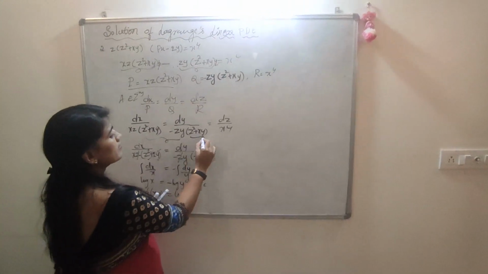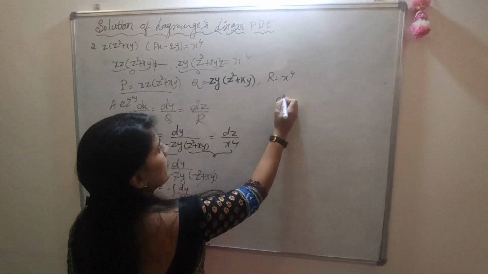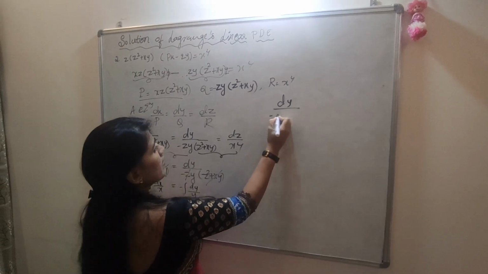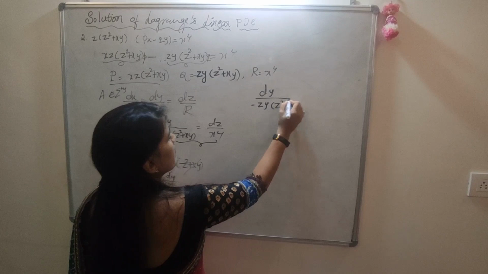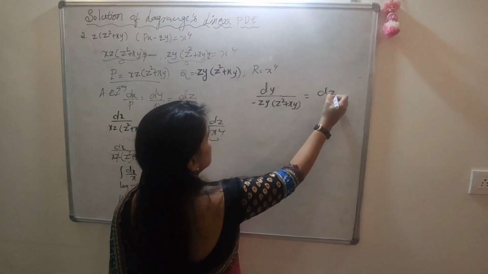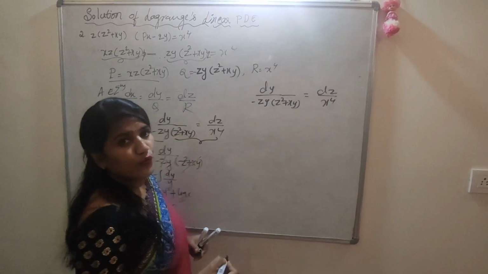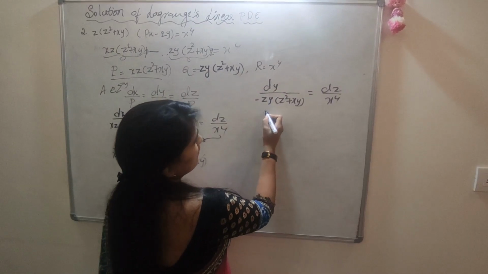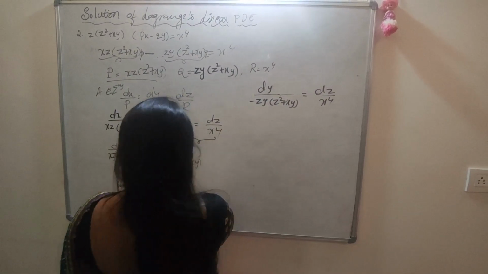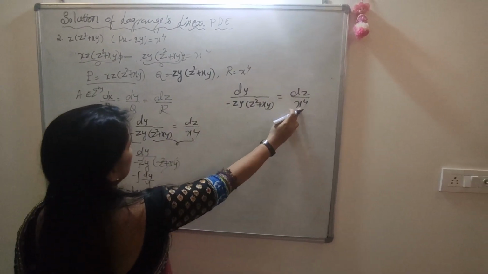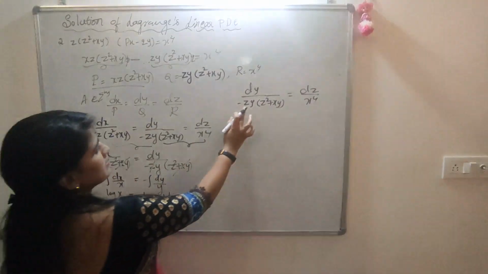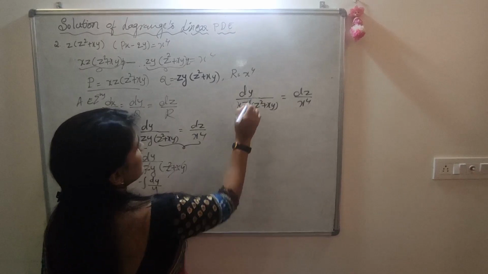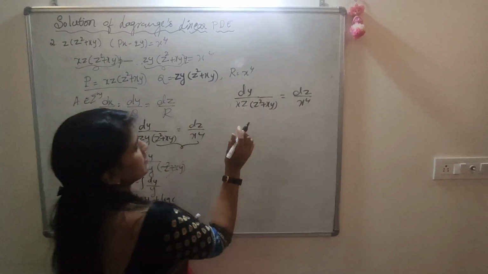Next, I will compare these two. That is dy divided by minus zy of z square plus xy is equal to dz by x power 4. So here, see, which term? zy comparing xz; I will compare with x power 4. So we have to take the first term, so it will be easy. So I will take xz of z square plus xy.